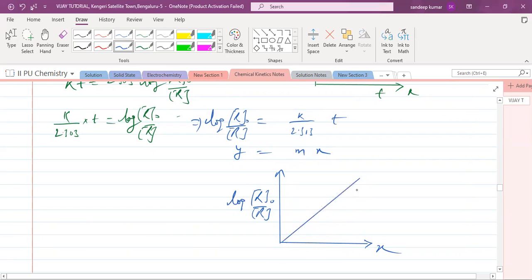The slope is equal to k upon 2.303, and time is along the x-axis. So these two graphs are important. They may ask you graphs related to the first order reactions. Am I clear?